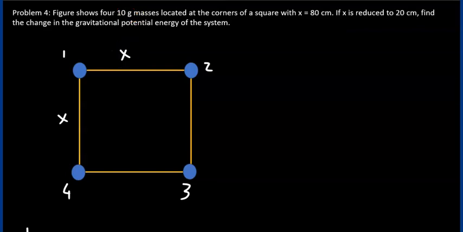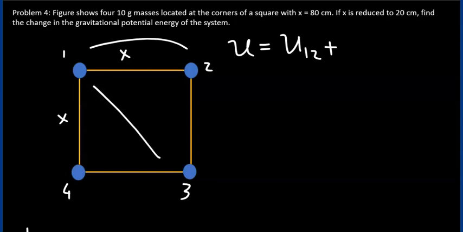First, let's consider all possible pairs without counting them twice. So the potential energy of the system is given by first pair 1 and 2, so that's U1,2. The second pair 1 and 3, so U1,3.